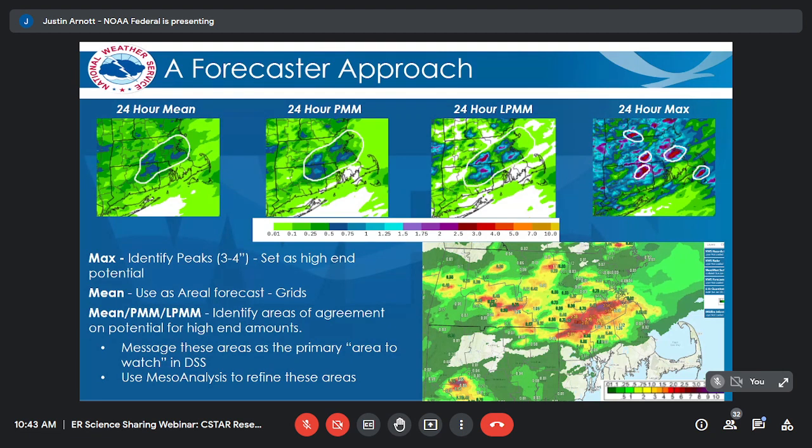The max helps you identify the high end potential, in this case 4 inches, and that was what happened in Norwood. The mean you can use as an area forecast for the grids when you're producing the forecast in GFE, and then ultimately using a combination, you can get a pretty good middle ground for getting the forecast to be reasonably accurate, but also identifying the high end amount.